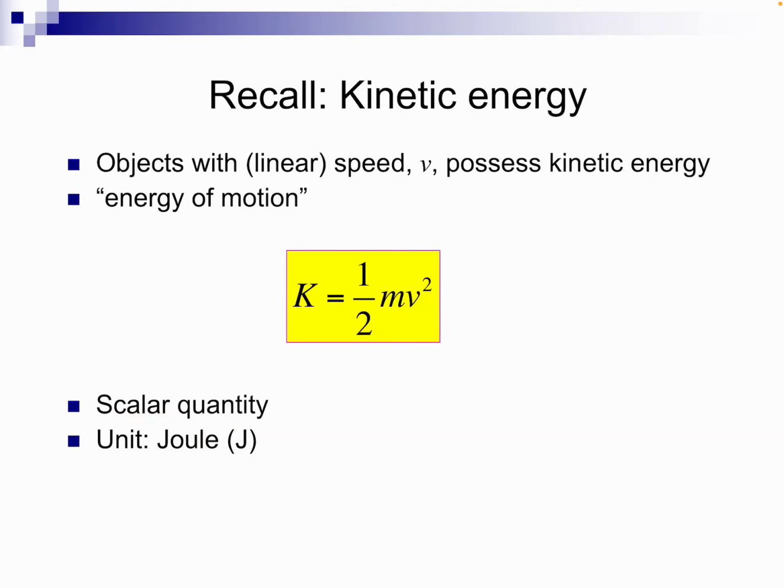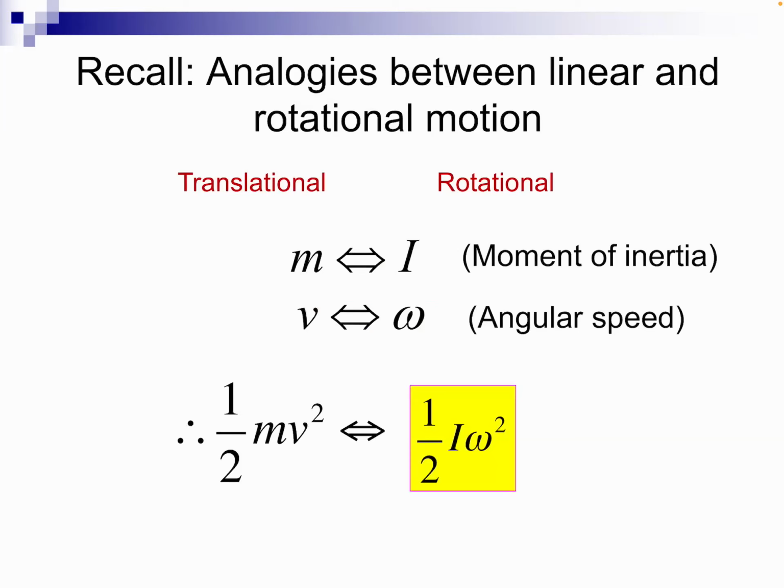And in the previous lectures, we've been drawing analogies or equivalent quantities between linear motion and rotational motion. And we learned that in rotational motion, the equivalent of mass is moment of inertia. The equivalent of speed is angular speed.